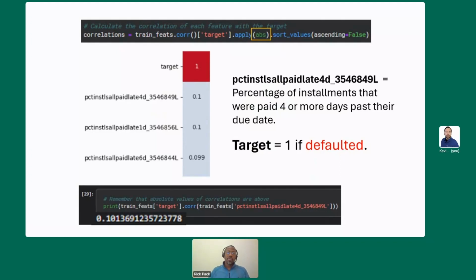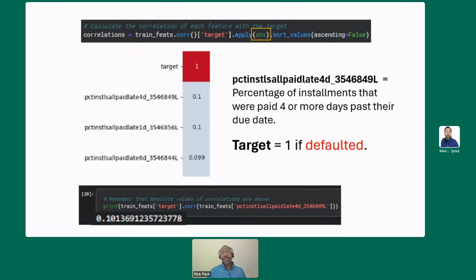It's the top correlated predictor with the target being 1 if the person defaulted. That predictor is a percentage of installments that were paid 4 or more days past their due date. For an interval that I'm not sure of, they give you a percentage of those that were late by different numbers of days. 4 days, as you can see by the correlation, appears to be about as predictive as just being 1 day late. That would be something that one would want to analyze better.